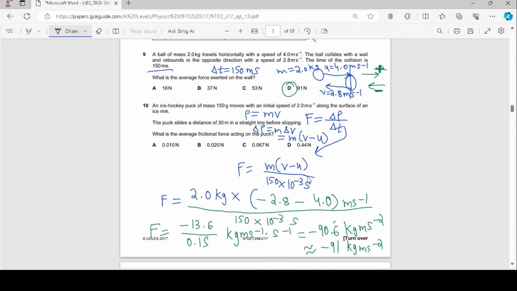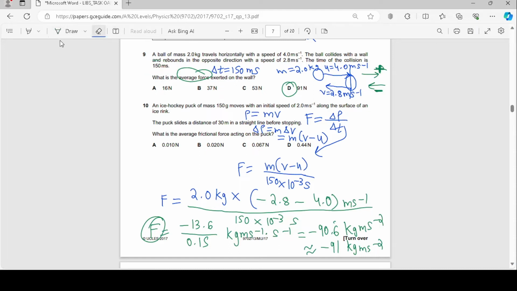Now, the thing here is you also have to realize that the question asked for the average force, and it's very true that this is the average force that we have calculated, because obviously you can't expect the force to be constant during this entire collision period of 150 milliseconds.